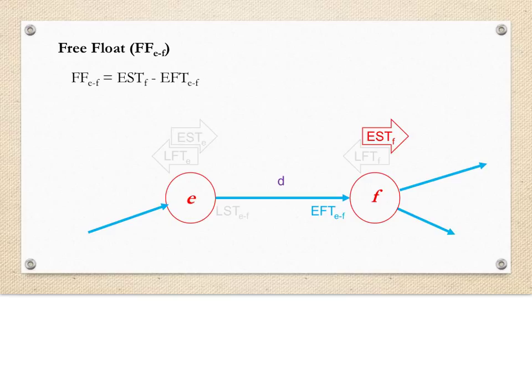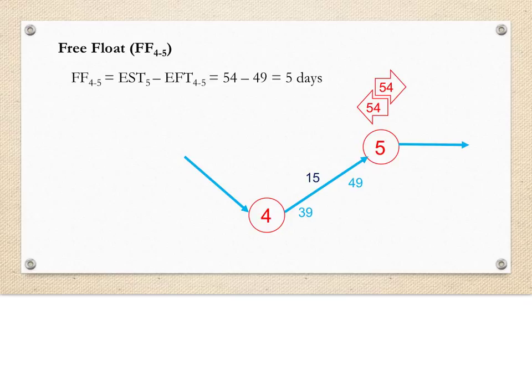The free float is the difference between the earliest start time of the ending event and the earliest finish time of the task. So for the concrete lab testing task, the earliest start time of event 5, representing the start of the report writing, is 54 days.